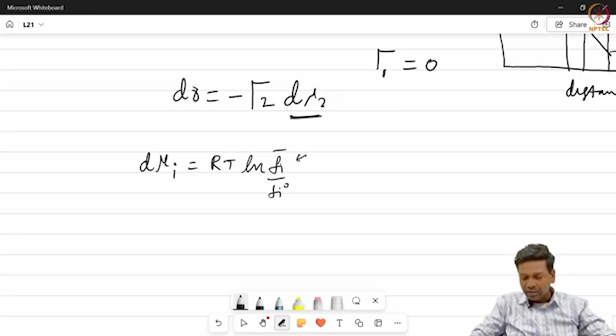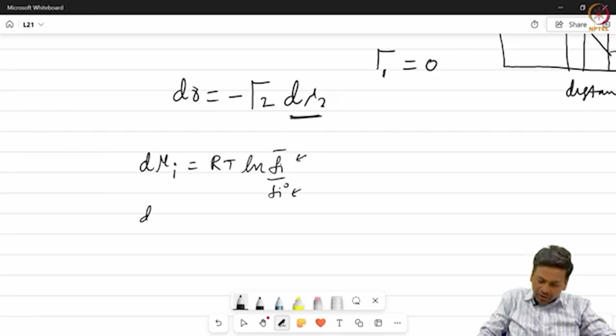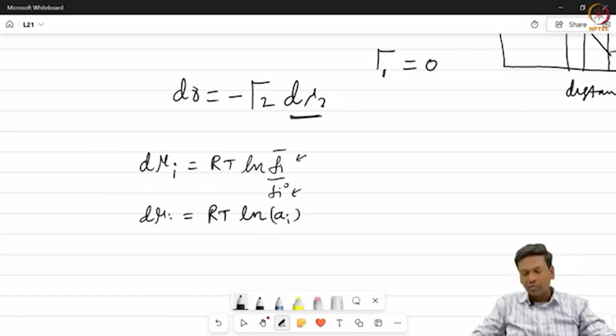This is the fugacity of mixture for any desired condition, and this one is the fugacity for a mixture at any standard reference state. Okay, so you can also explicitly denote fi bar by fi naught as ln ai, which is the activity.